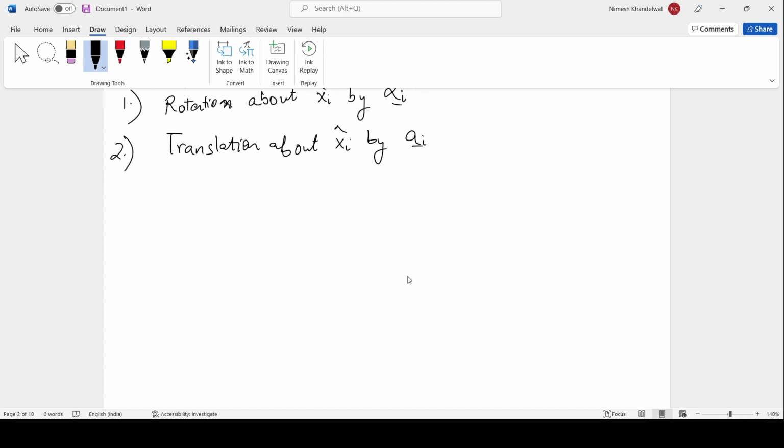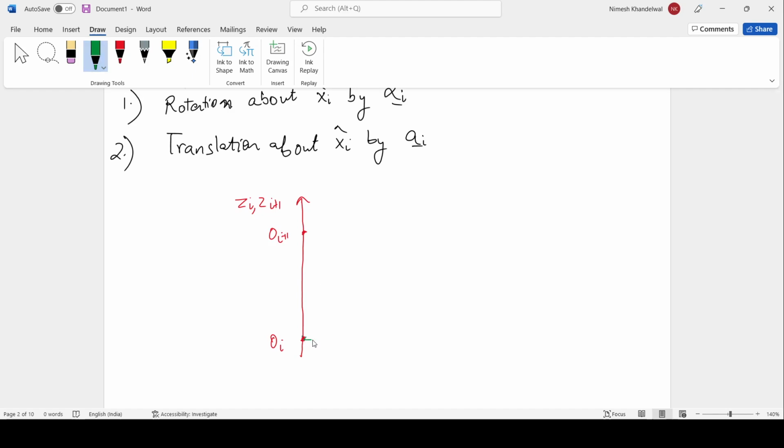Now let's see how the two frames look after these two transformations. Zi and zi plus 1 are now parallel to each other, and after the translation they coincide. But the origin Oi of the ith frame is here, and the origin of the I plus 1th frame is at a different place on the same axis.